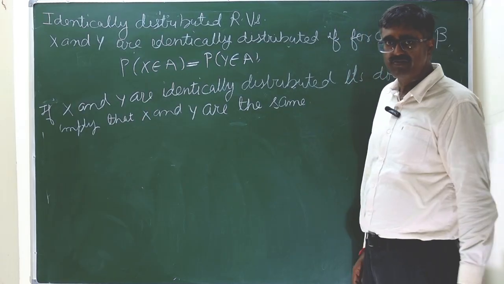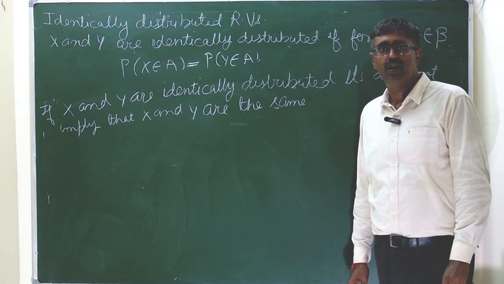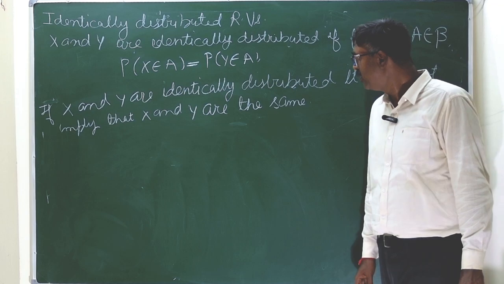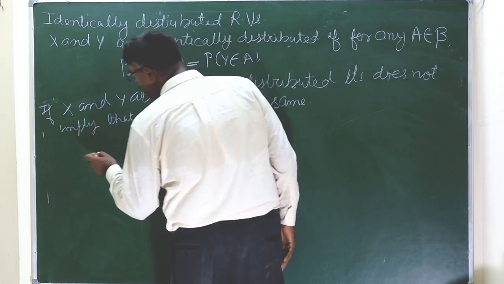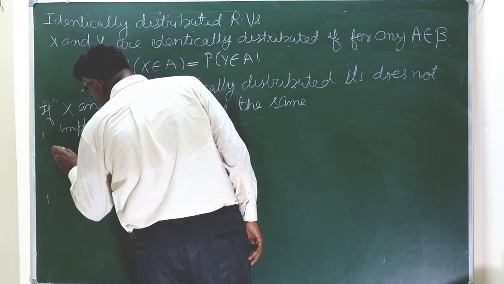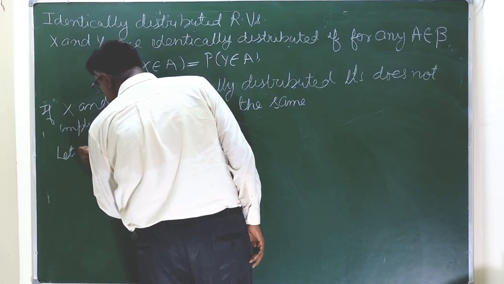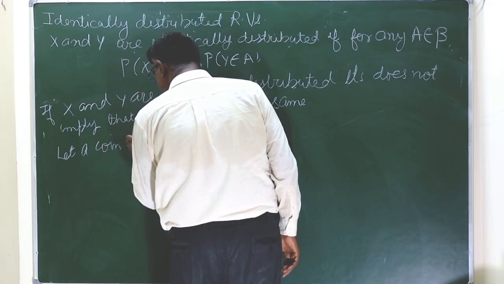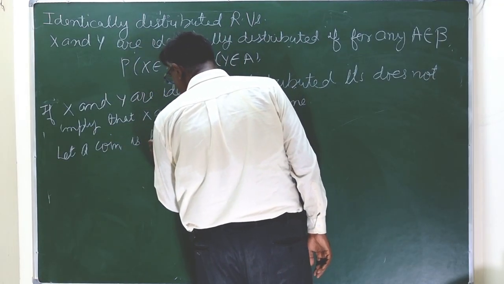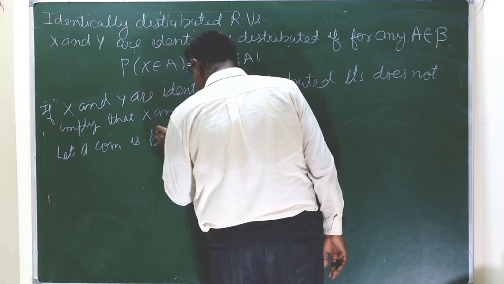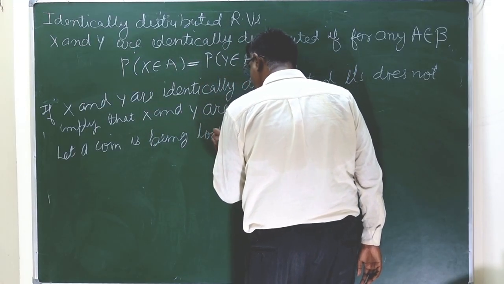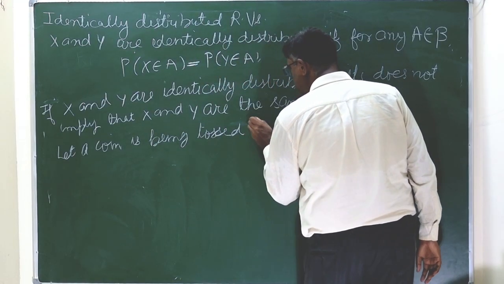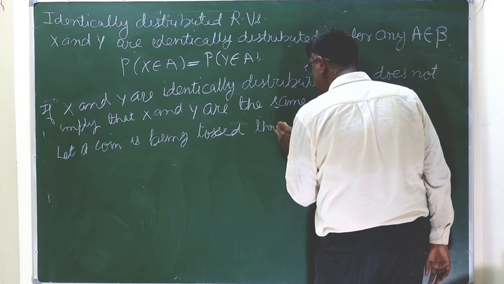To establish this, we will take an example of tossing a coin thrice. Let a coin be tossed thrice.